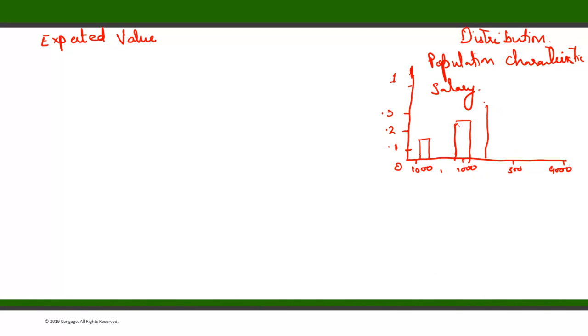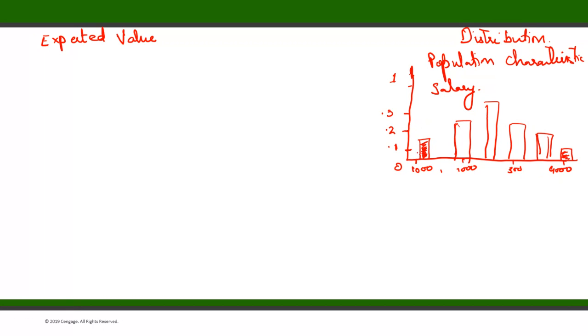And then there are some who have a salary of this, and then there's 30%, or some people, who have a salary of above 3,000, and a very small fraction has a salary of above 3,500, and a very small fraction, like 1%, has a salary of around 4,000. So out of 2,500, only 1% has a salary of 4,000.